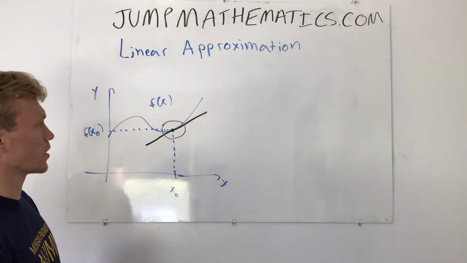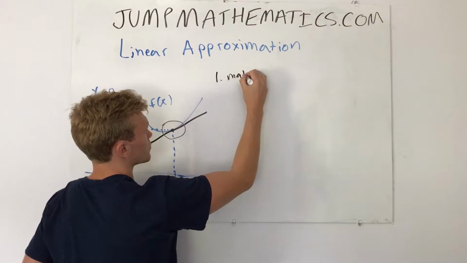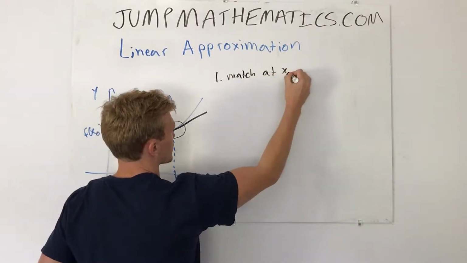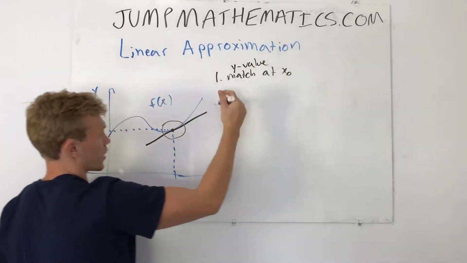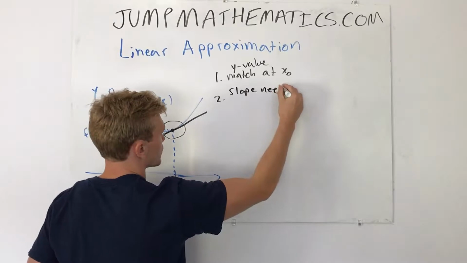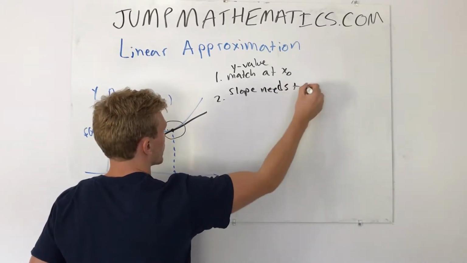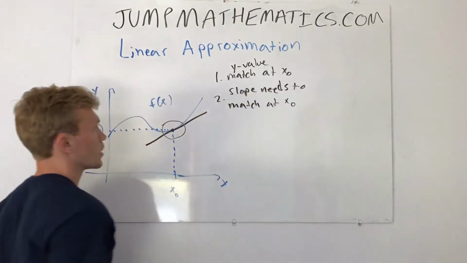So let's talk about what the linear approximation needs to satisfy. One, the y value needs to match at x0, and two, the slope needs to match at x0.